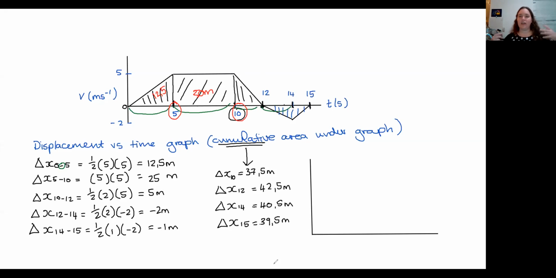If the question had been, what is the total displacement in 15 seconds, you could have jumped straight to the end answer by just adding those areas up. The reason I've done every single individual shape is I want the little nuances for my overall graph. Usually they don't make you plot the graphs, and you don't necessarily need to know these, but for this particular graph, I need them.